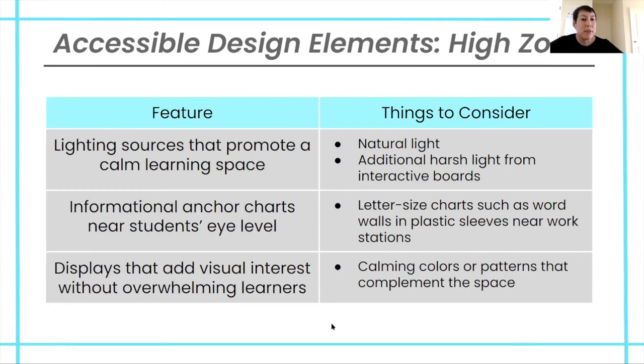For example, my last classroom had navy blue cabinets and shelves, so I used navy blue with pale yellow for bulletin boards and decorations. My current classroom has sky blue cabinets and shelves, so I use a light turquoise with red accents. So I'm using the colors that are already in that space.